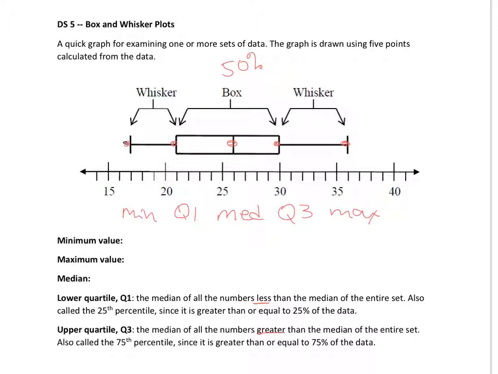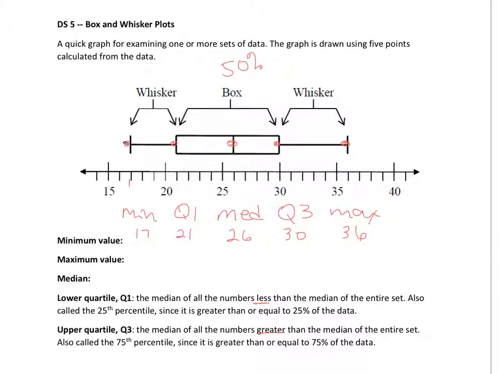So from low to high, those are the 5 numbers that make up a box and whisker plot. So in this case, by reading the graph, we can see that our minimum number was 17, our first quartile was 21, our median was at 26, the third quartile was at 30, and our maximum value was 36.